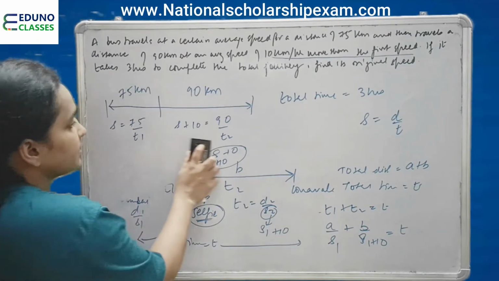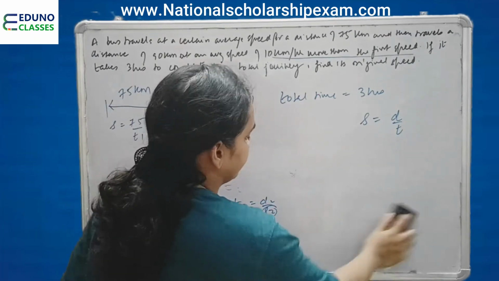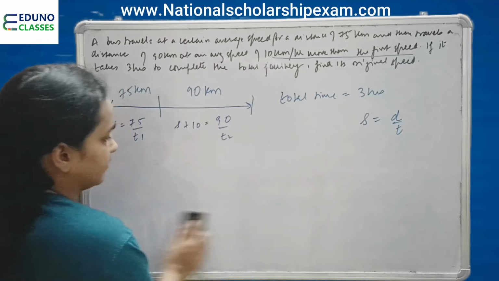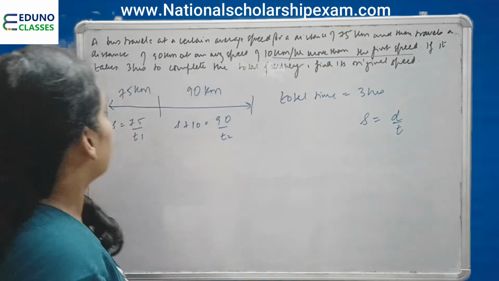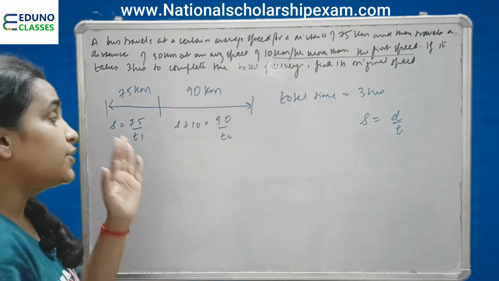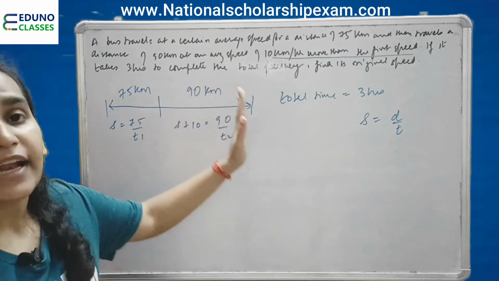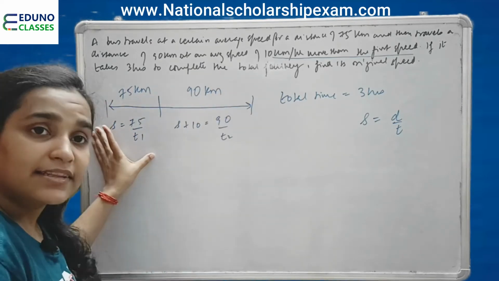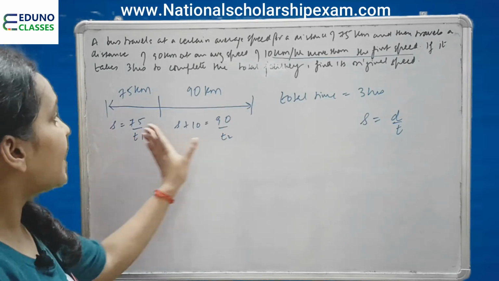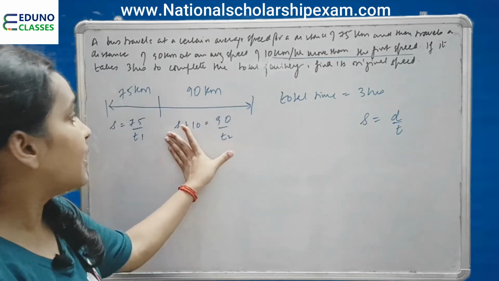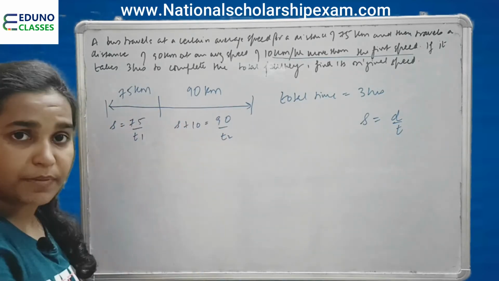So let us go back to our question. The journey is divided into two parts, 75 km and 90 km. The first part had a certain speed and the second part had a speed in relation to the first part.